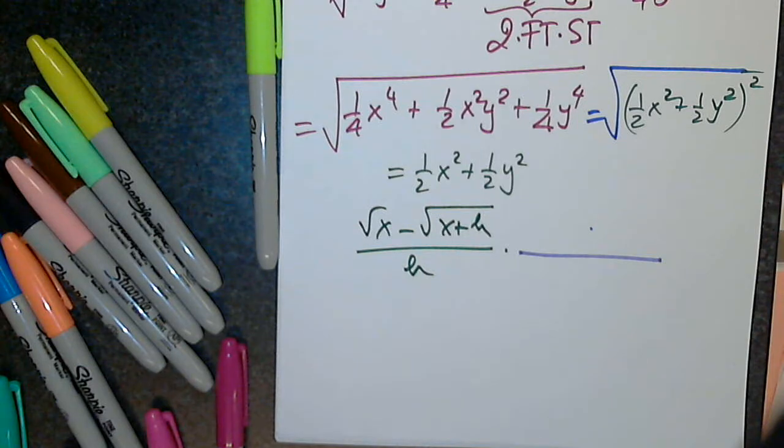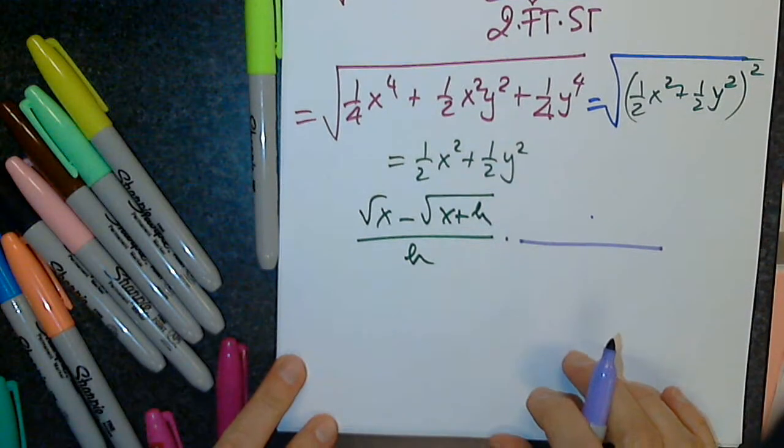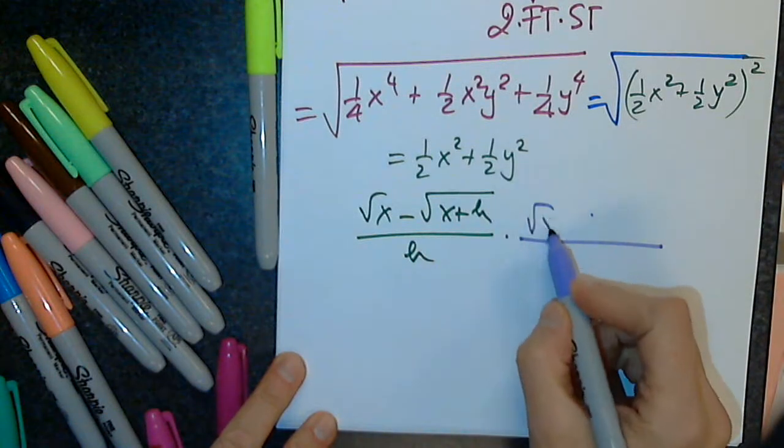The denominator. Okay, can anyone explain what to do? You multiply it by the numerator, but change the sign. Right, the conjugate, very good.